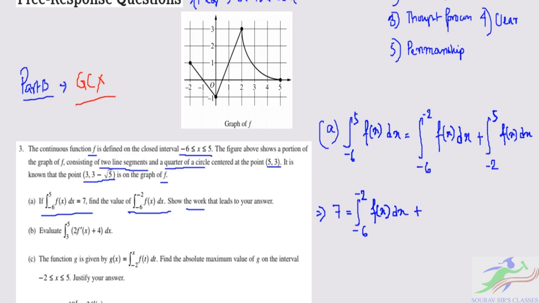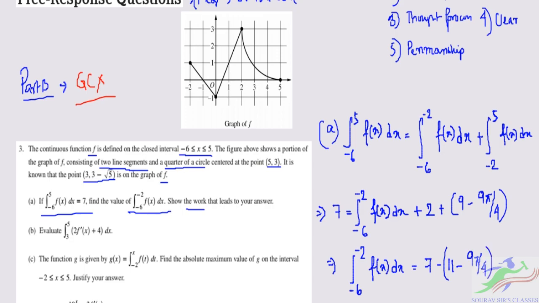So 7 is equal to the integral from -6 to -2 of f(x) dx plus the second integral, which is 11 minus 9π/4. Putting it on this side, the integral from -6 to -2 of f(x) dx is equal to 7 minus (11 minus 9π/4), which is simply 9π/4 minus 4.